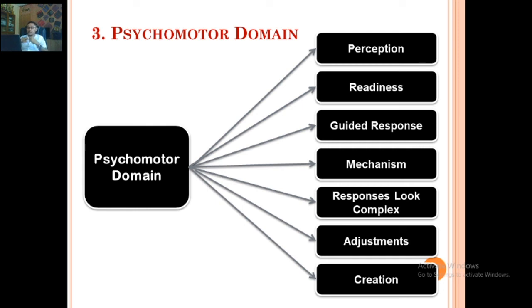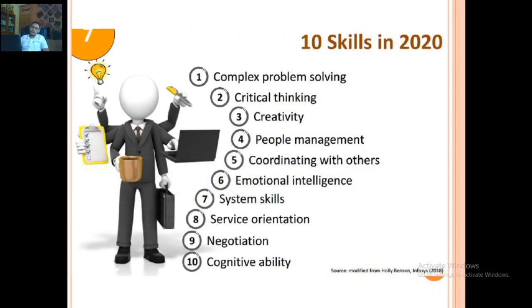So, in facing the current era of competition, several competencies are needed that must be developed in learning, namely complex problem solving, critical thinking, creativity, people management, coordinating with others, emotional intelligence, system skill, service orientation, negotiation, and cognitive ability.